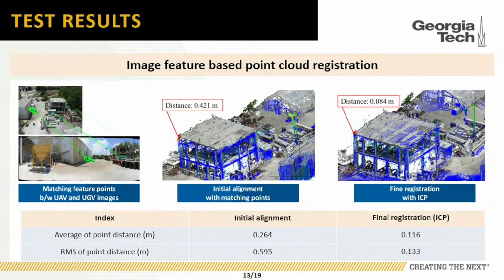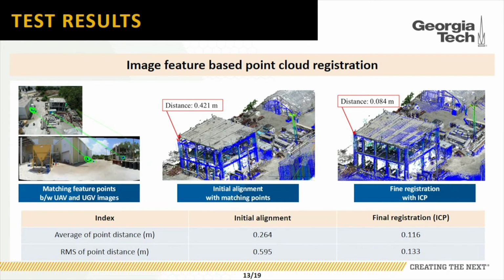And this slide shows you the result. The left side is the image matching, where common features are identified from the 2 image frames. Then this transformation is used to register the 2 point cloud data sets. In the initial alignment, you can see the different colors.